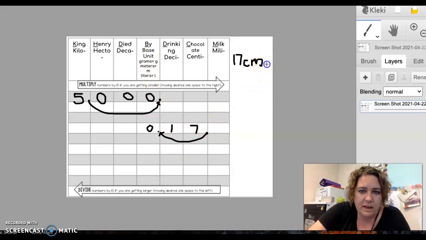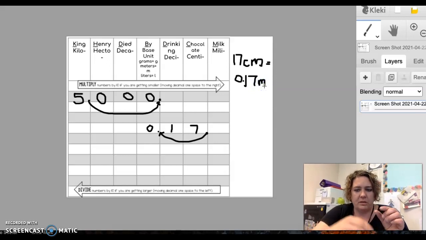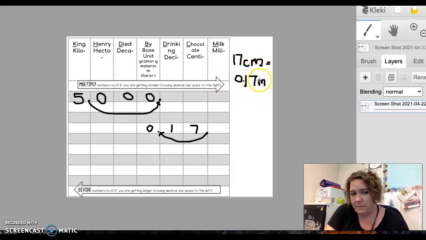So this actually just equals 0 and 17 hundredths of a meter. Again, I'm going from something small to something big, so my answer is actually going to be smaller.